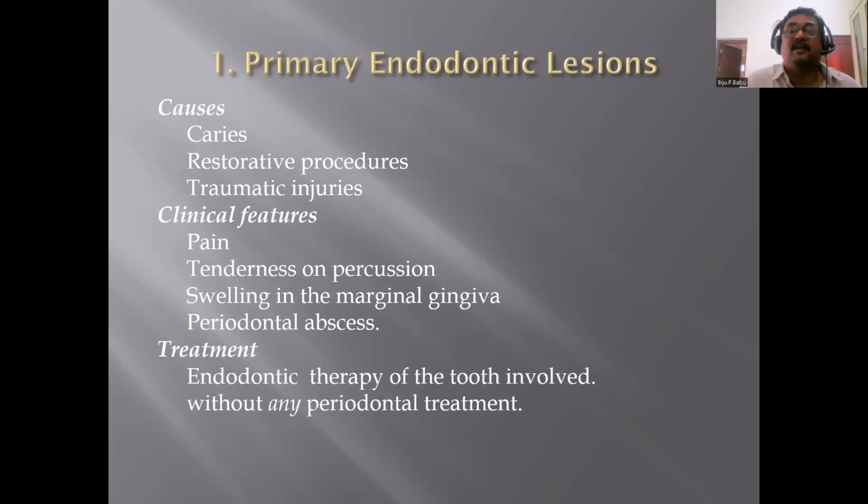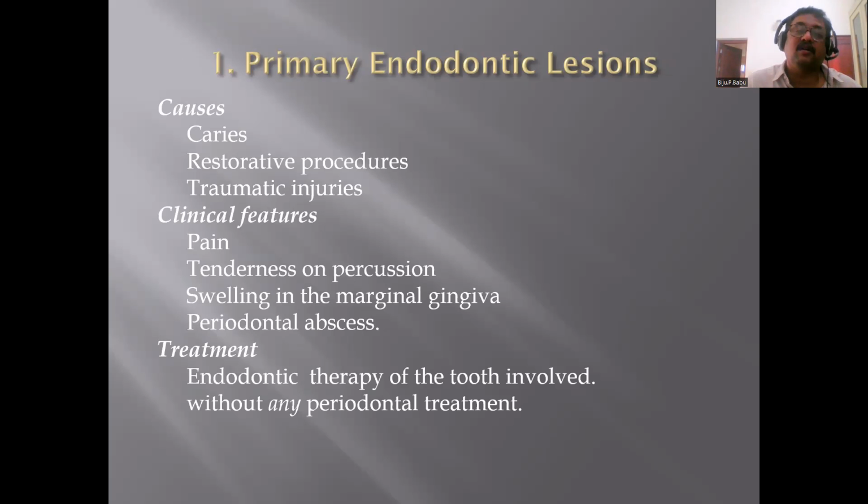Usually a primary endodontic lesion happens due to caries, deep restoration, or a traumatic injury. These are the common causes for a primary endodontic condition. It can be a caries which has not been treated and progressed into the pulp, and which has transferred the microorganisms into the pulp, creating an irreversible pulpitis.